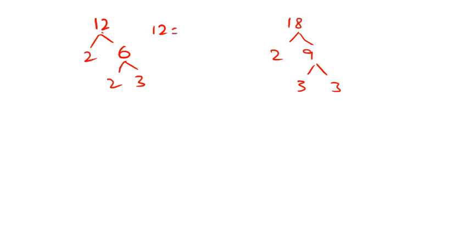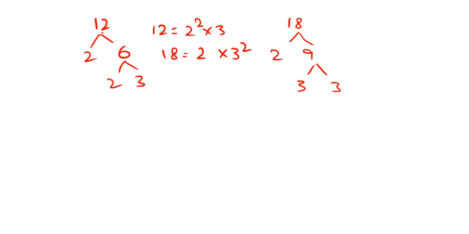The prime factors of 12 are 2 into 6, 2 into 3. And for 18, 2 into 9, 3 into 3. So 12 is equal to 2 square into 3, and 18 is 2 into 3 square.